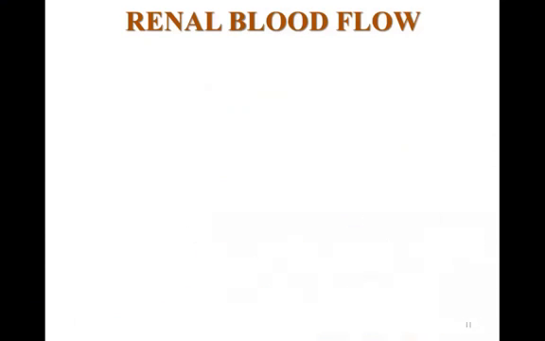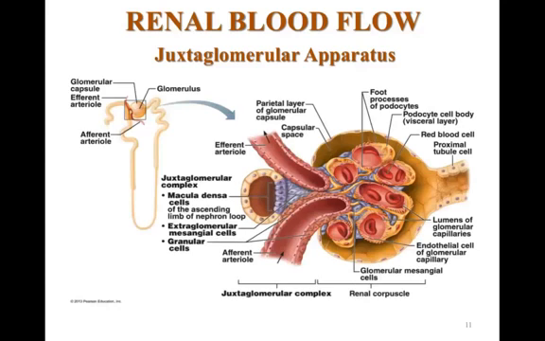Now, let's not forget about an important structure in the kidney, the juxtaglomerular apparatus. As most of you know, it's located between the afferent and efferent arteriole, just in the area of the distal convoluted tubule. It consists of 3 parts. The first part is modified tubular epithelial cells called macula densa.